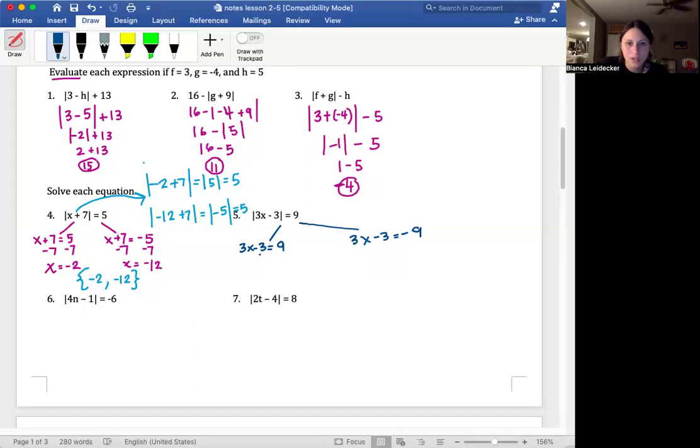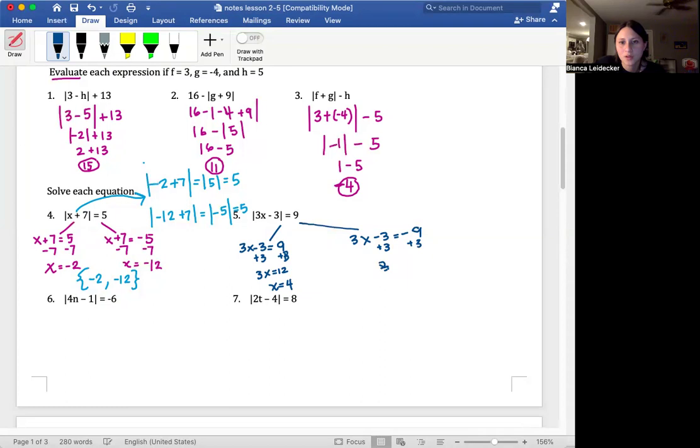So I'm going to add 3 on both sides. 3x equals 12. Divide by 3 on both sides. x equals 4.